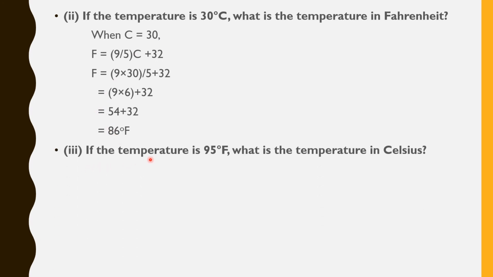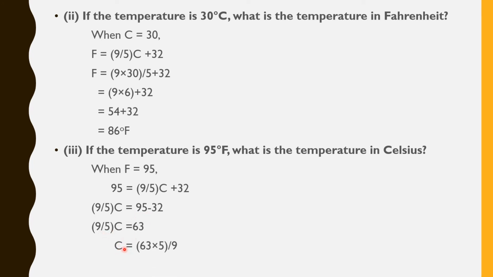Next is, if the temperature is 95 degrees Fahrenheit, what is the temperature in Celsius? Now I have been given the value of F as 95. I have to substitute this value in F = 9/5 C + 32 and find the value of C. So 95 = 9/5 C + 32. Keeping 9/5 C on one side and taking 32 to the LHS, 9/5 C = 95 minus 32, which gives 9/5 C = 63.